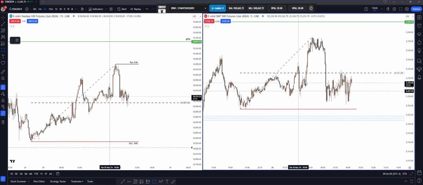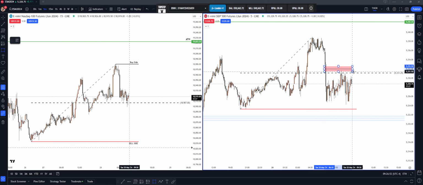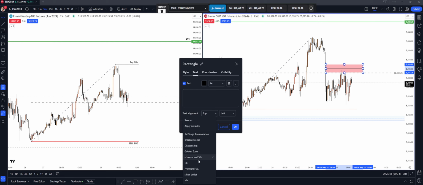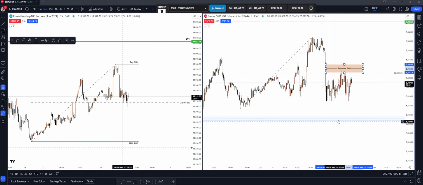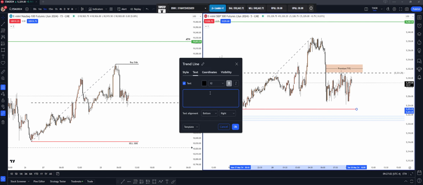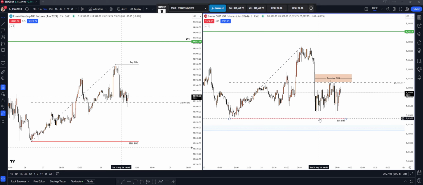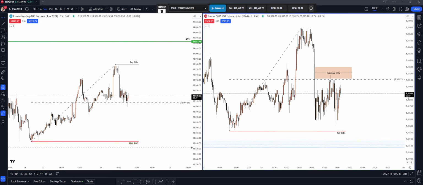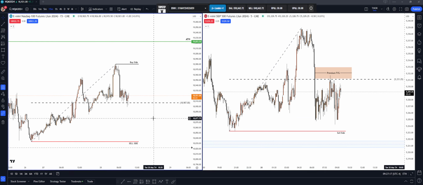So the upper portion of that fair value gap is premium, which is being respected so far, which makes me think ES will push one more time down here. This is the 5-minute sell model, because this is trap or 1-minute reversal.